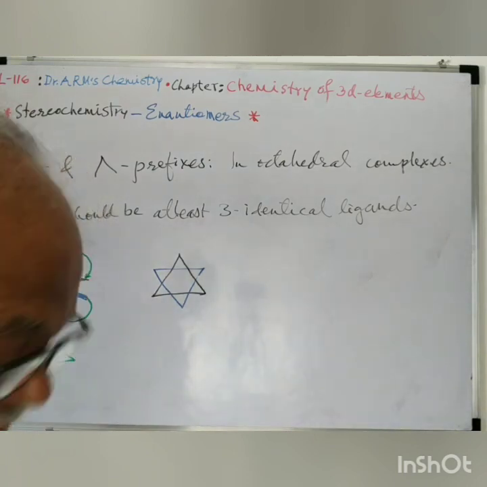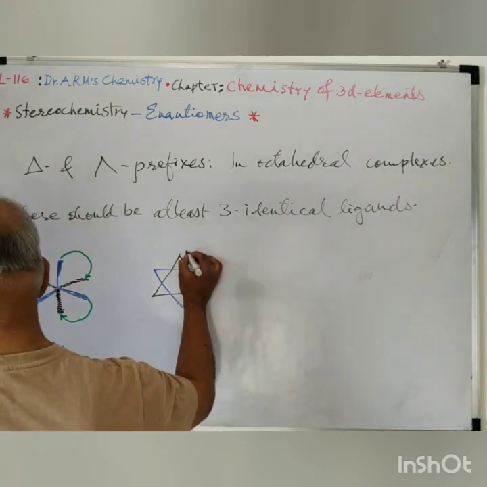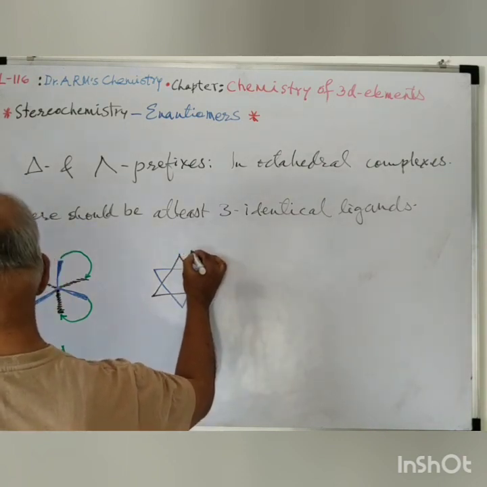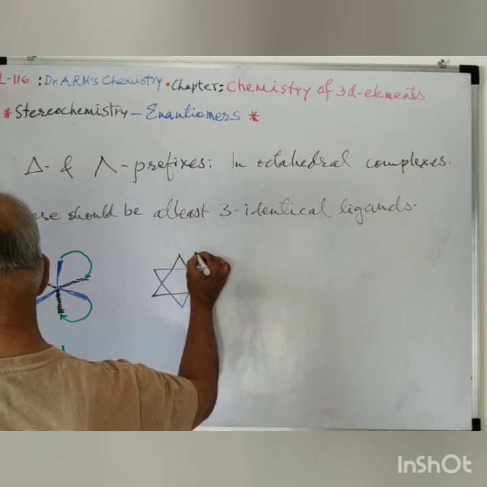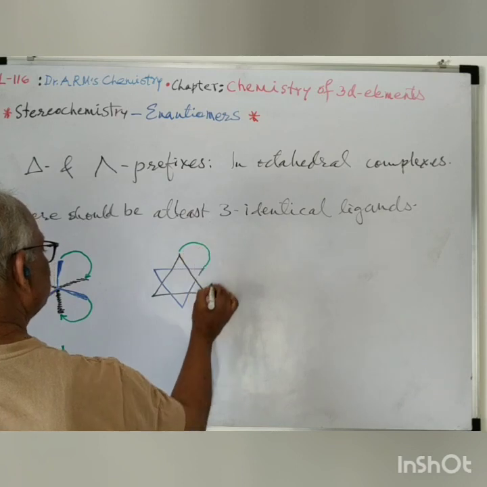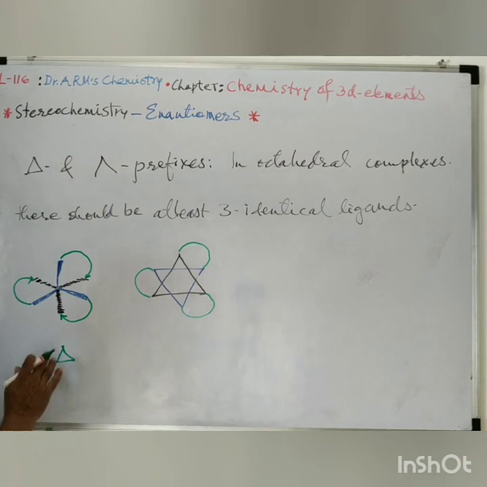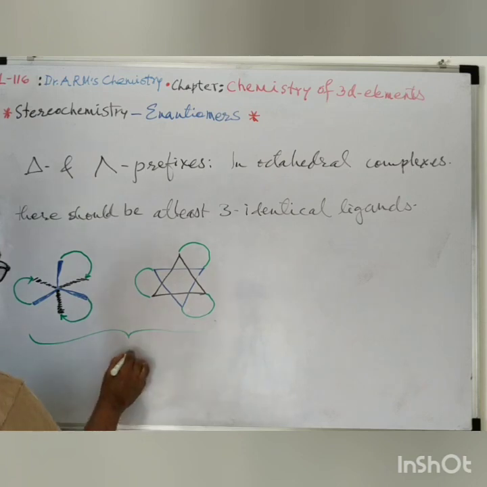So we are showing this outer structure, and this attachment is like this. So this is also same. Means both structures are identical. There is no difference. So they are shown as delta isomers.